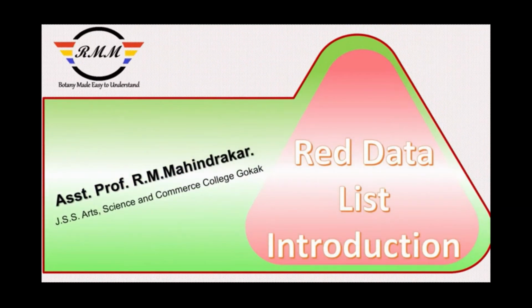The IUCN Red List is the world's most comprehensive information source on the global conservation status of plant and animal species. It is updated annually and is freely available online at the website iucnredlist.org.